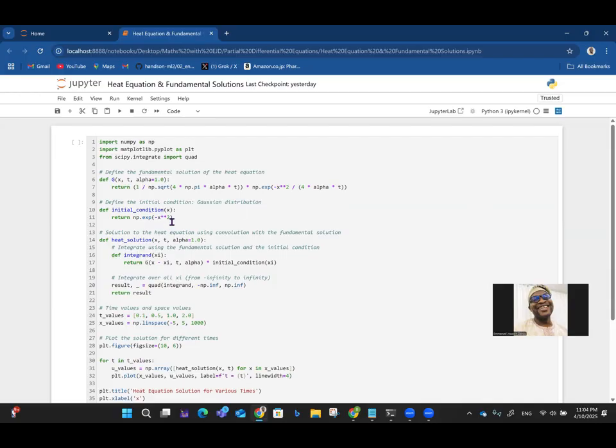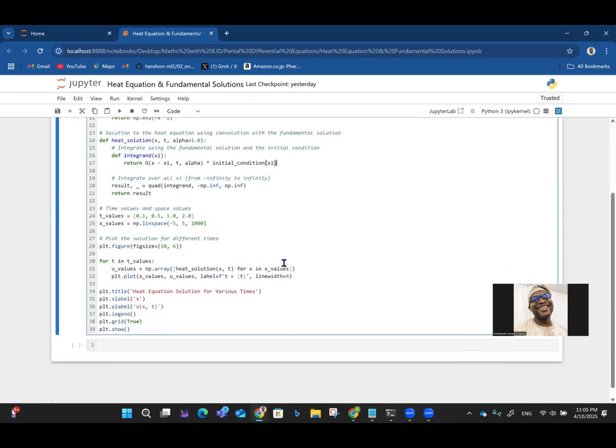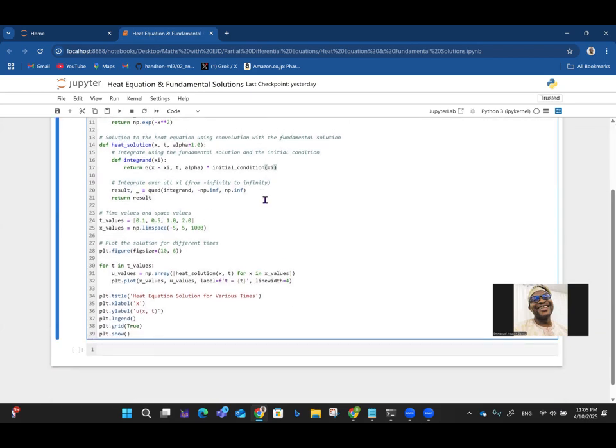Then we define the initial condition, which is minus e raised to minus x squared, if you remember, and then we define a function called heat equation, and we do the integrand because we need to integrate with respect to the initial condition, and then we get our result here.